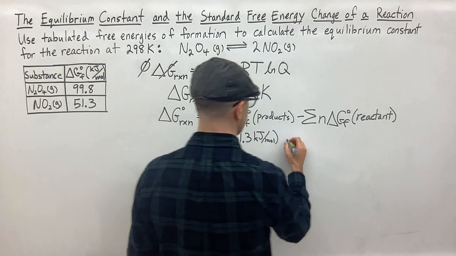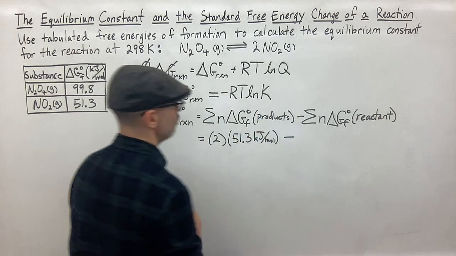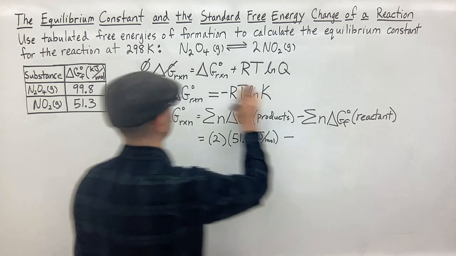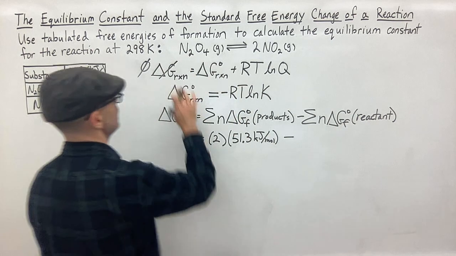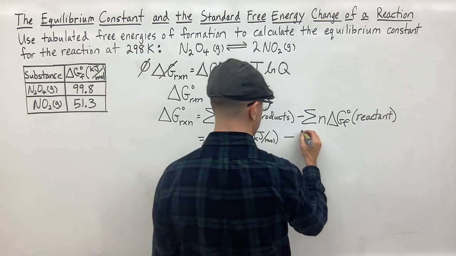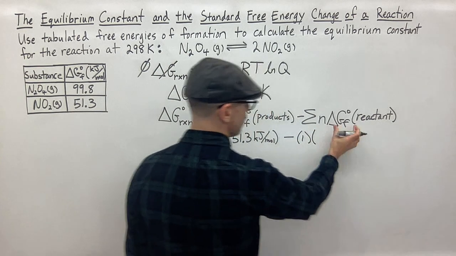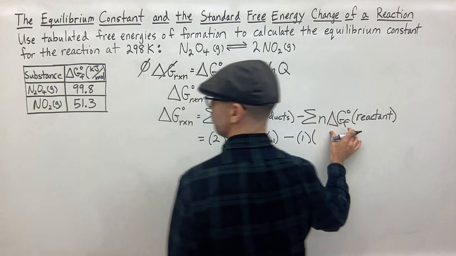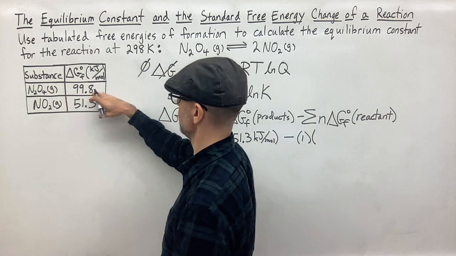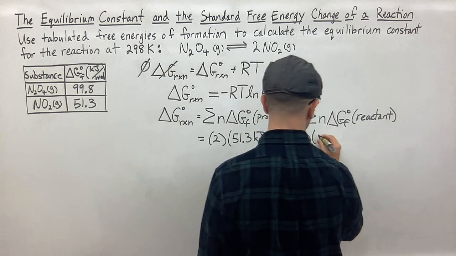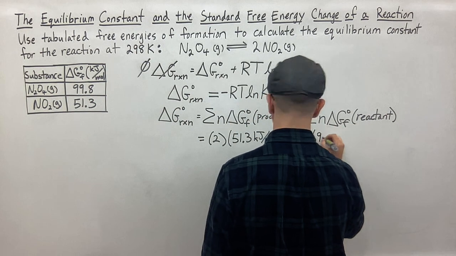Then we're going to subtract that from the reactants. Again, we only have one reactant, so that's easy, and this is a 1 here, so we put 1 for n. The free energy change of formation for N2O4 is 99.8 kilojoules per mole.